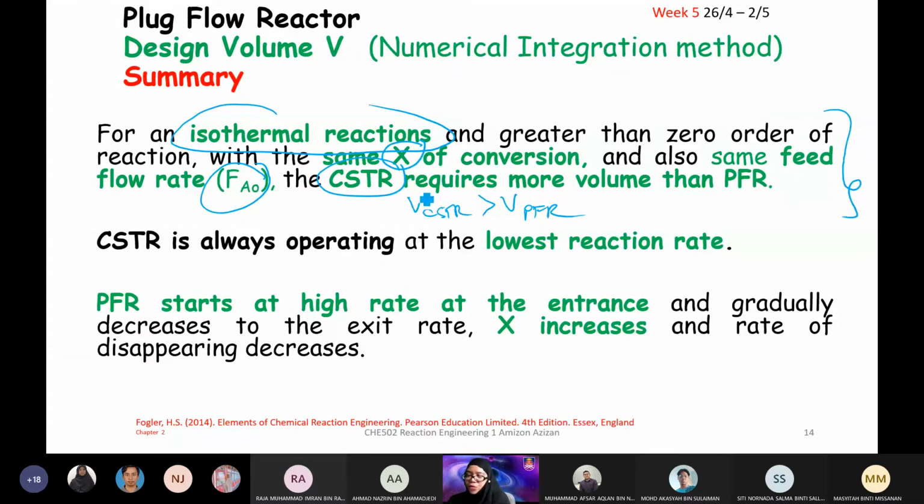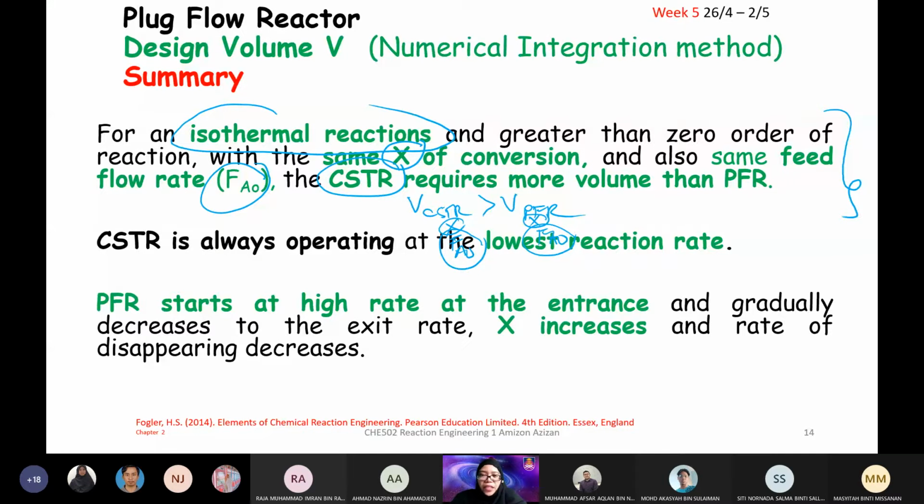This is valid when we have the same X there and also the same FA0 there. So if we compare both, the volume needed to run the reaction achieving the same X with the same initial molar flow rate would mean that you need a bigger CSTR volume, relatively compared to if you use a PFR.